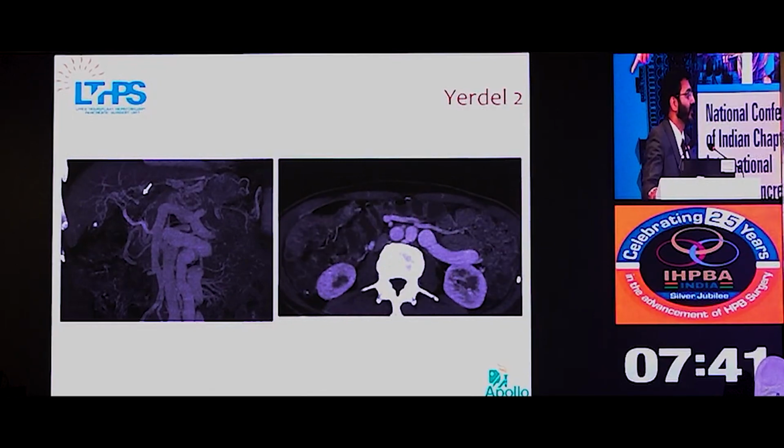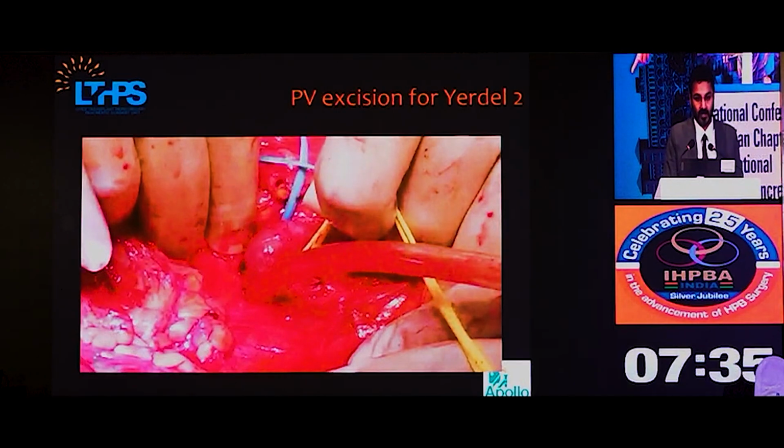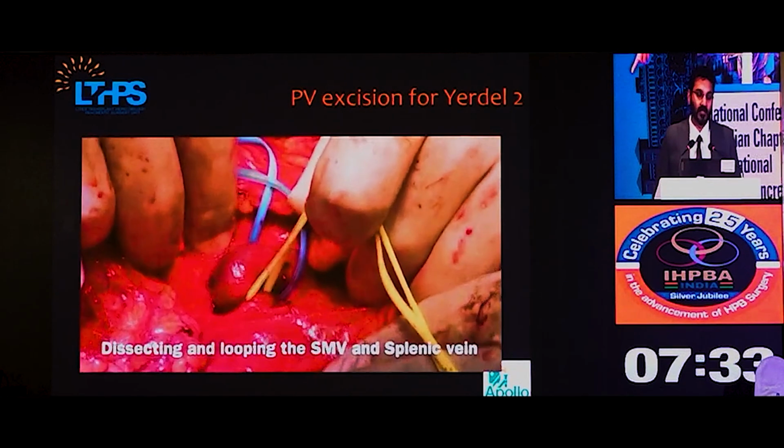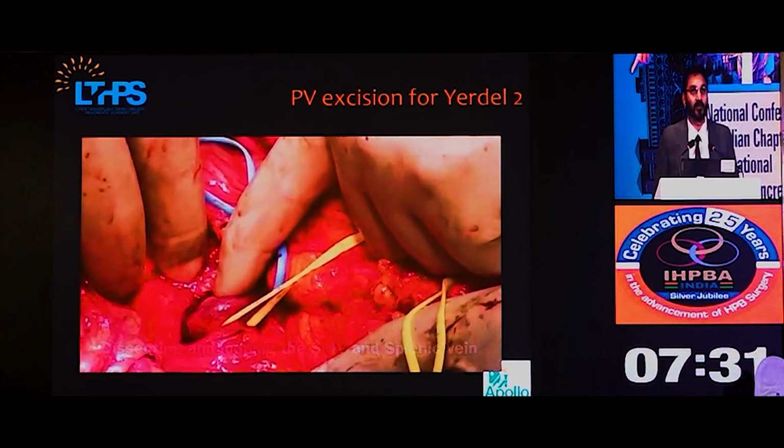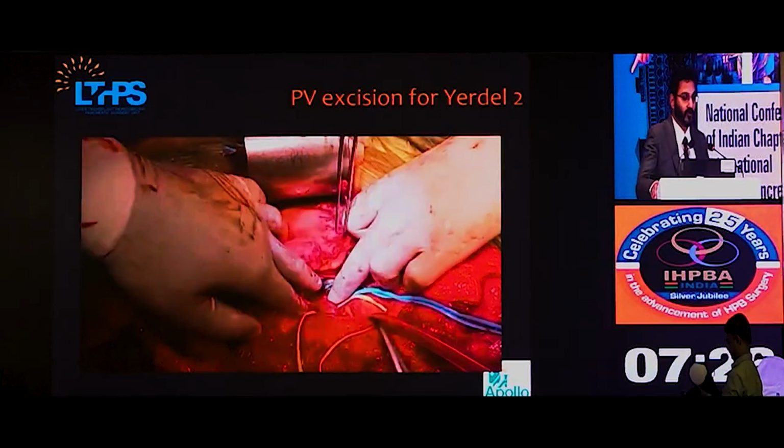Again, the splenic vein is spared, and you have a big lienorenal shunt also present. In this patient, the thrombus was densely stuck, and a good flow was not being established.